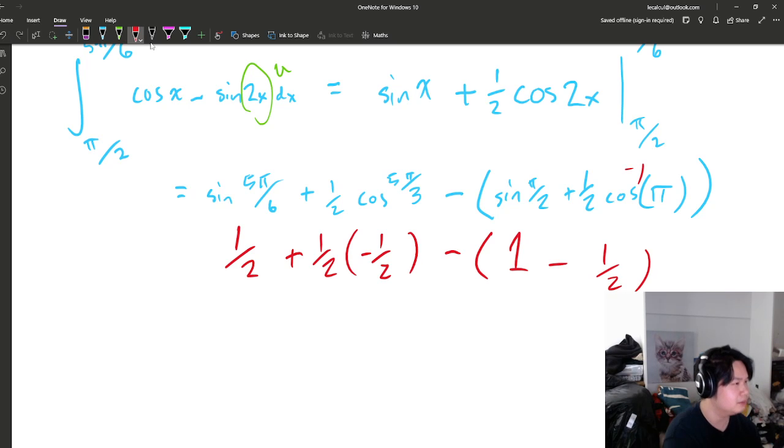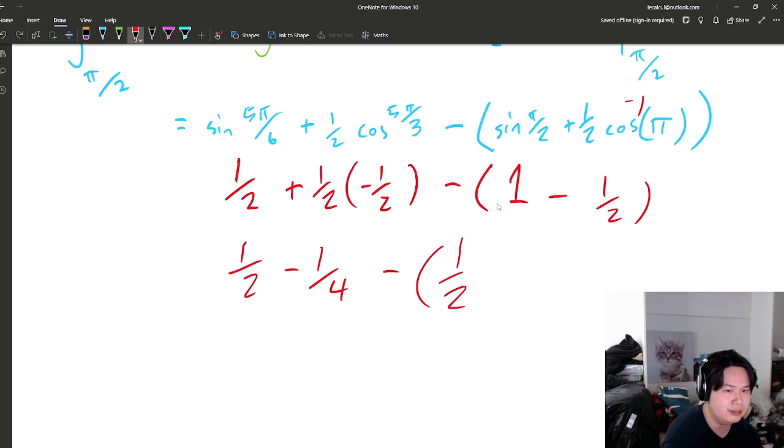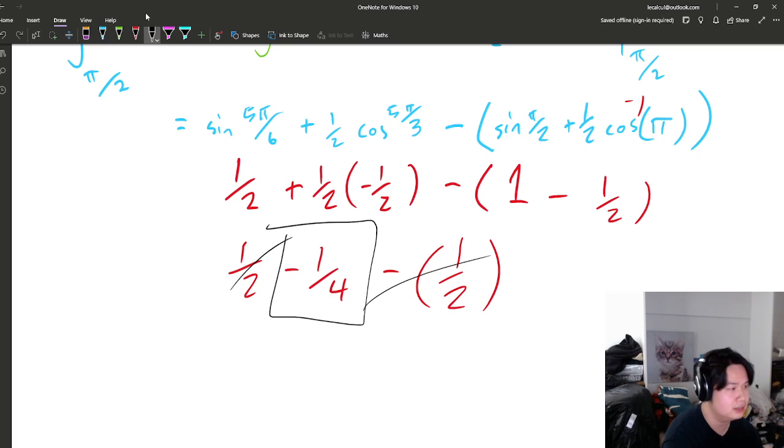Because this is negative 1. Just check your special triangles and stuff like that. Okay, and then we got to do some math. 1/2 minus 1/4 minus 1/2. So halves cancel. So negative 1/4? Sure. Good enough.